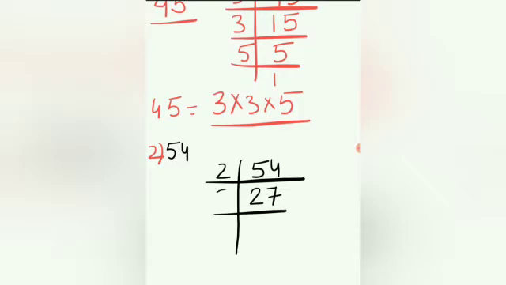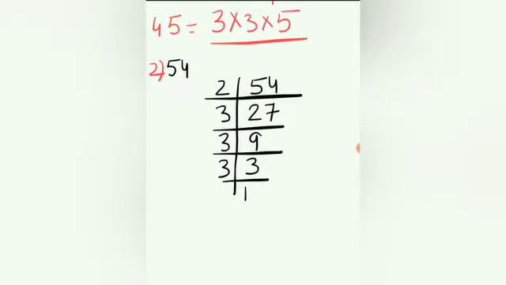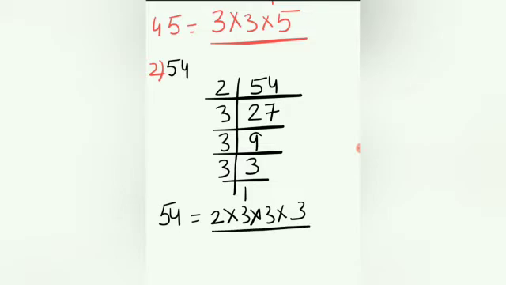Again, now with 3, 3 nines are 27. Then with 3, 3 threes are 9, and the last, 3 ones are 3. So the factors of 54 are 2 into 3 into 3 into 3. If you see, all these numbers are prime.